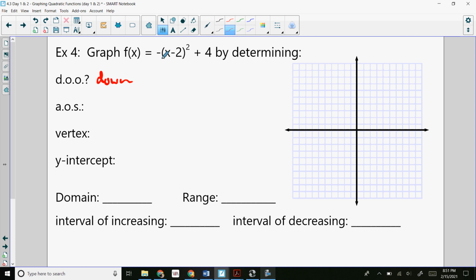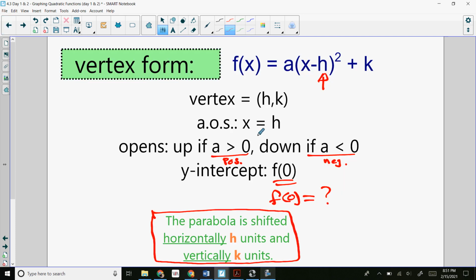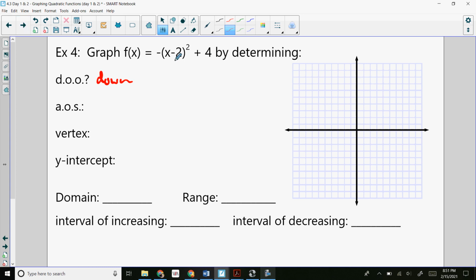The axis of symmetry, remember, if I go back to this slide here, the axis of symmetry is just going to be x equals h. X equals h. So in this case, x minus 2, well, that 2 is going to be along this line, x equals 2.